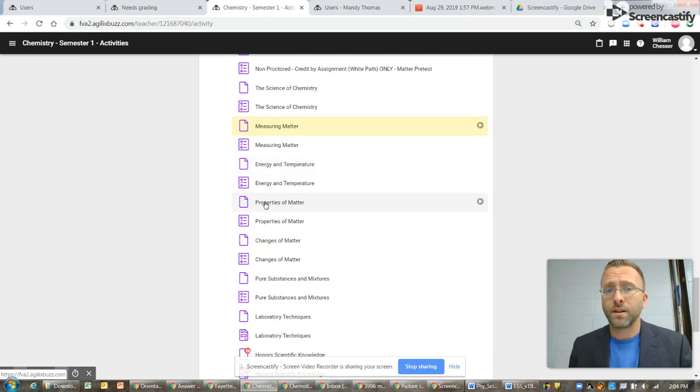Then we'll do a little unit on properties of matter. These are what matter is like. And so this properties of matter and changes of matter is going to be about things like phase changes. The stuff in your freezer that you put in your glass of drink is water. It's water in its solid form. You would probably typically call it ice, but ice is just our name for solid water.